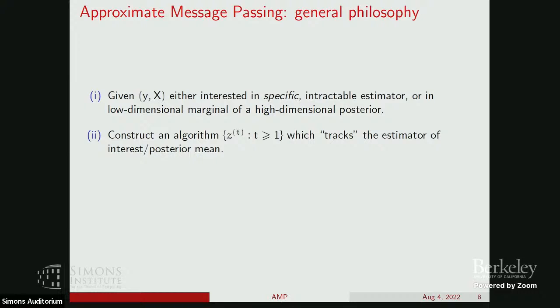What is rather surprising is that this idea of AMP has proved to be very, very useful for a wide variety of these questions. The general style of this argument is that given a certain target estimator, or the posterior mean, let's say, you construct an appropriate AMP style algorithm which in some sense converges to this estimator of interest. Because of the properties that I mentioned before, you can exactly track the statistical properties of this AMP algorithm.